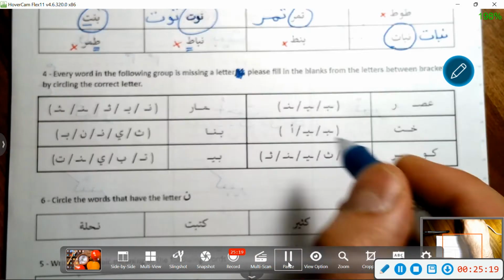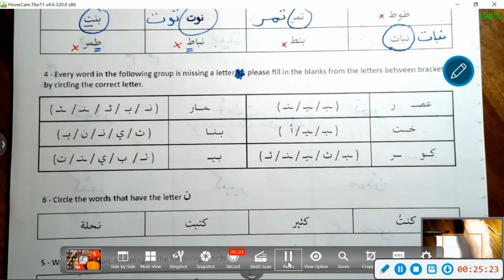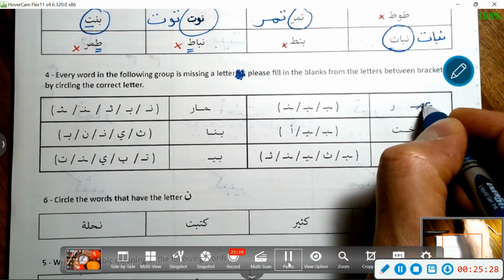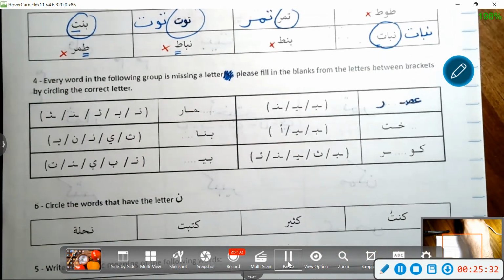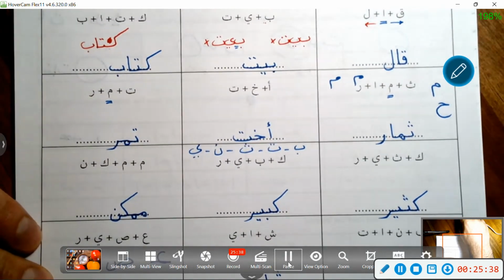So Ain, Sad, and then Ra. So if you paid attention to the words in the beginning, in question 1, we have the word Asir. Ain, Sad, Ya, Ra. So the word is already here.